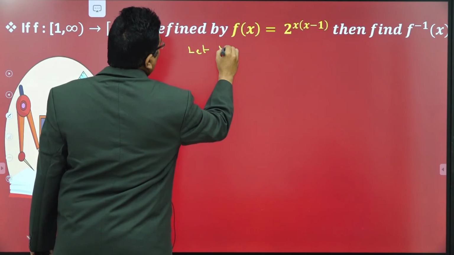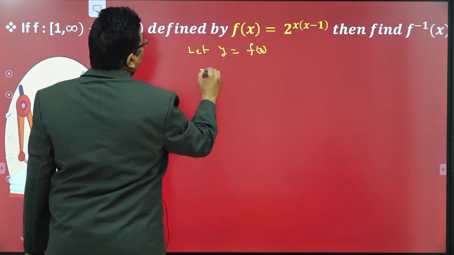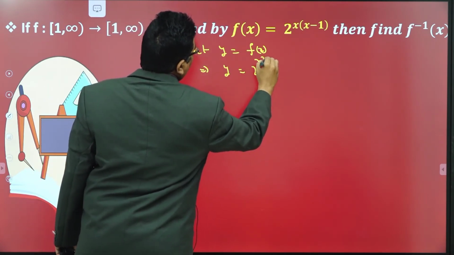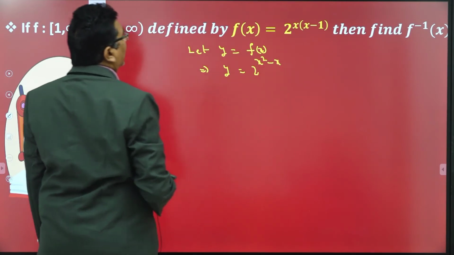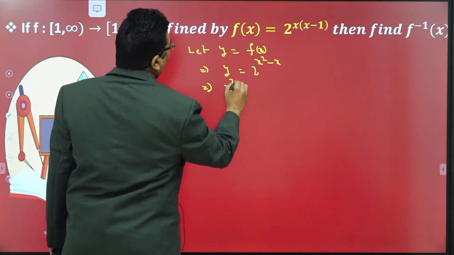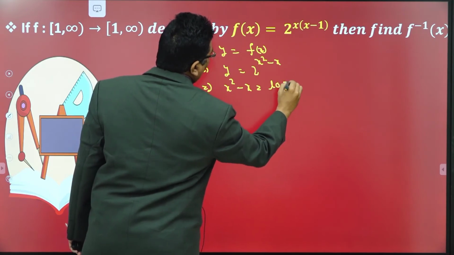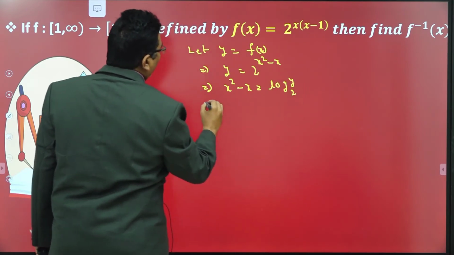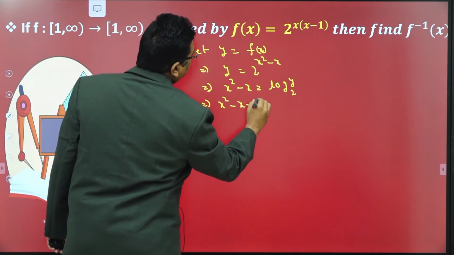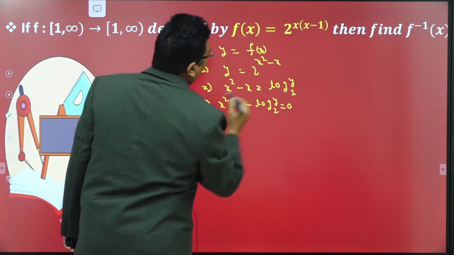That implies y is equal to 2 power x square minus x. By the definition of logarithm, x square minus x is equal to log y base 2. That implies x square minus x minus log y base 2 is equal to 0.